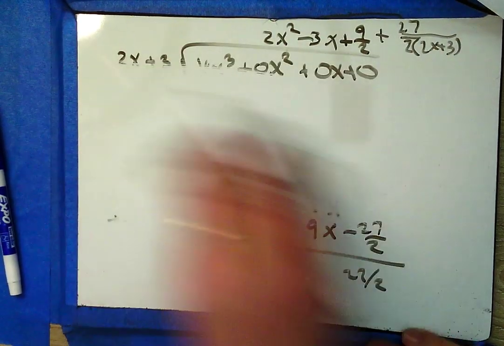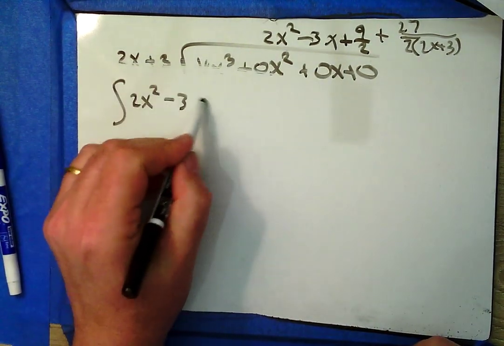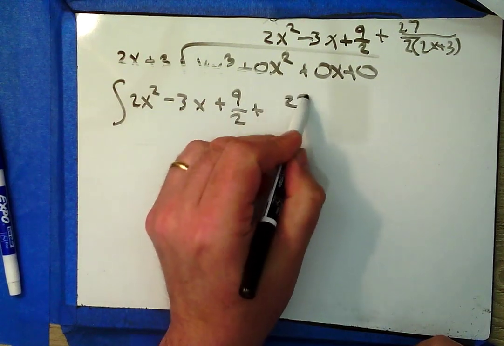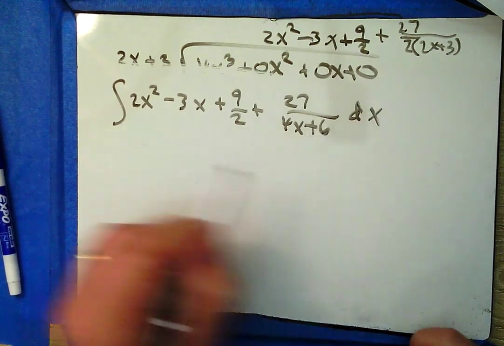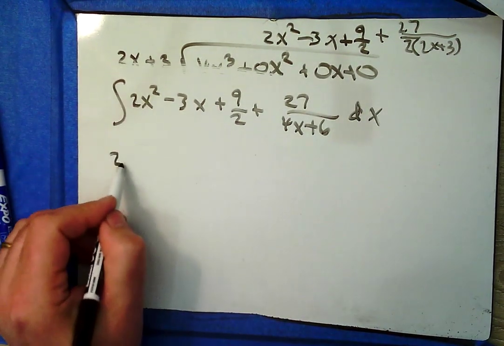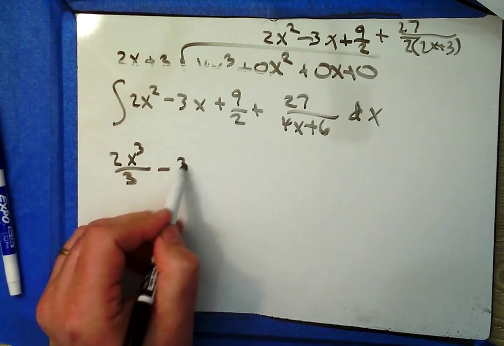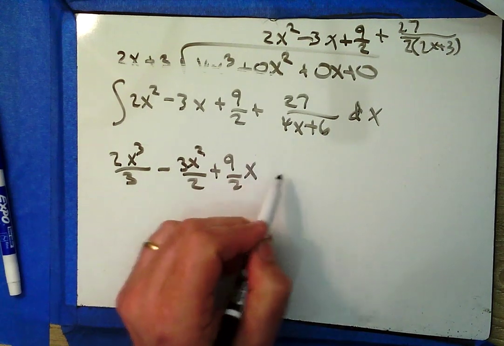So then this integral, 2x squared minus 3x plus 9/2 plus 27/4x plus 6 dx. This is going to be 2x to the third over 3 minus 3x squared over 2 plus 9/2 x.